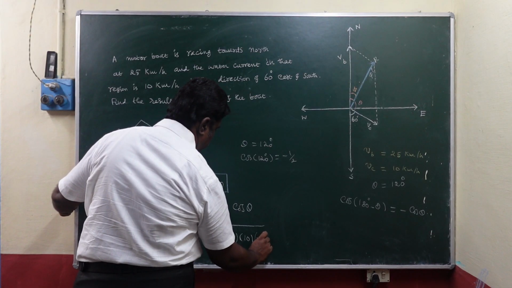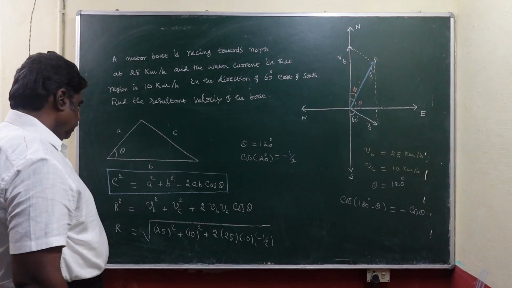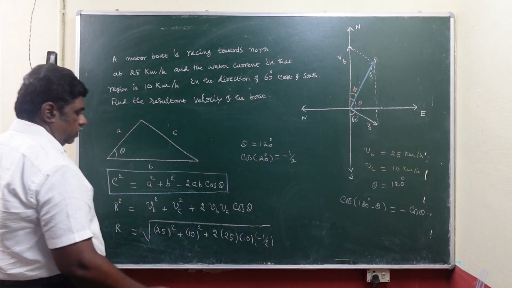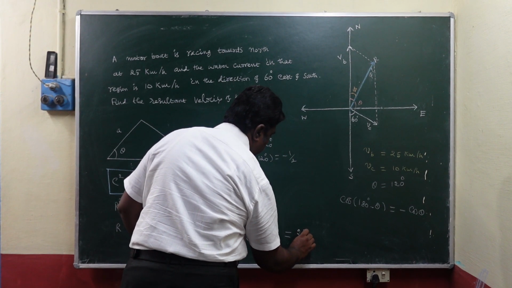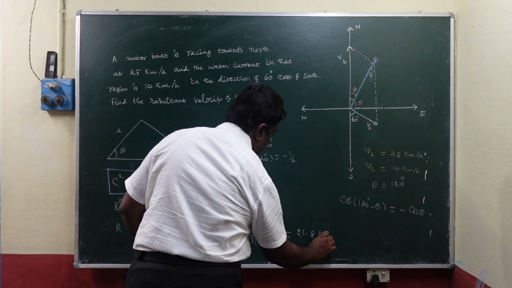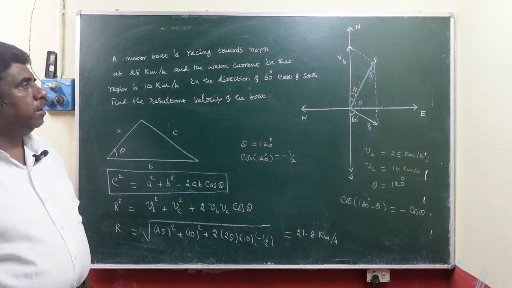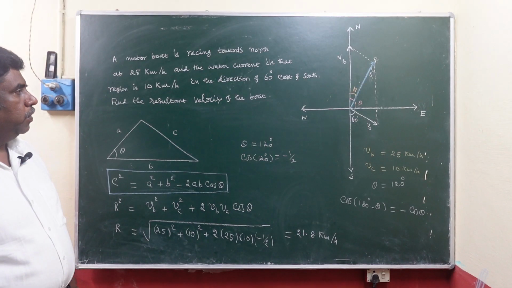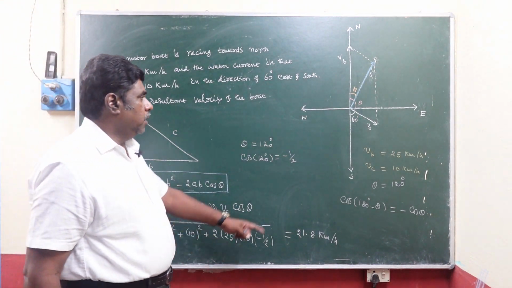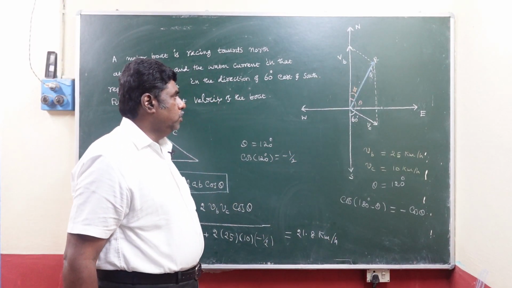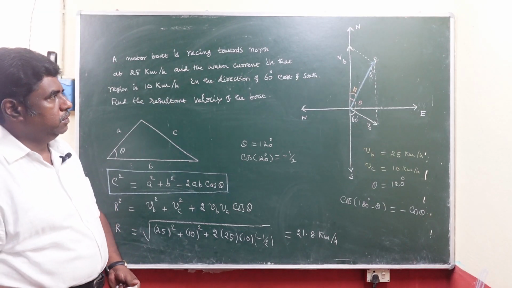So here we have to put minus 1 by 2. If you simplify this, we can get 21.8 kilometer per hour. This could be the final velocity of the boat. The water current reduces the velocity of the boat. Then 21.8 kilometer per hour is the final velocity.